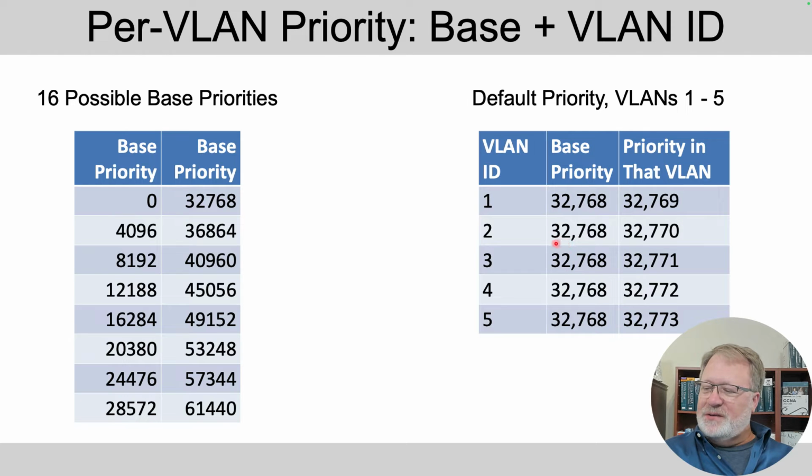In VLAN 2, it's the base number plus 2. In VLAN 3, it's the base number plus 3, and so on. And that's how the switch creates a different priority value to use in each different VLAN for per VLAN spanning tree. All right, enough about this bridge ID and picking a root switch. Let's get into the next bit.